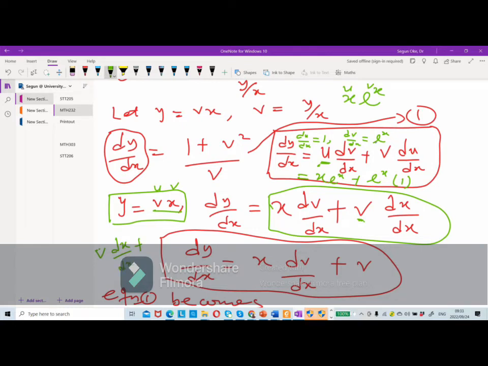If I'm now holding v constant, I differentiate the u with respect to x. Since it's v, I will just put dv over dx. Since it's not a variable, it's just dv over dx. So the dx over dx cancels, it is 1. That is why you see this one, we write this one at the end of the day.